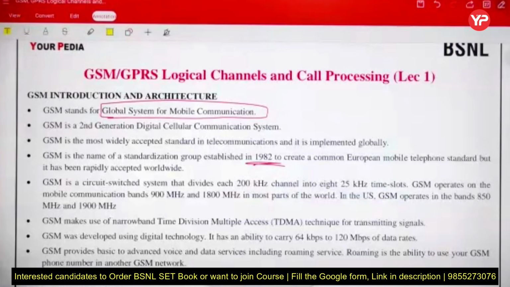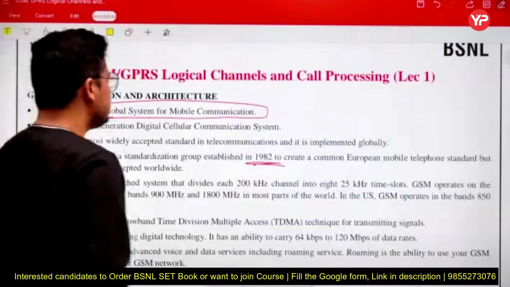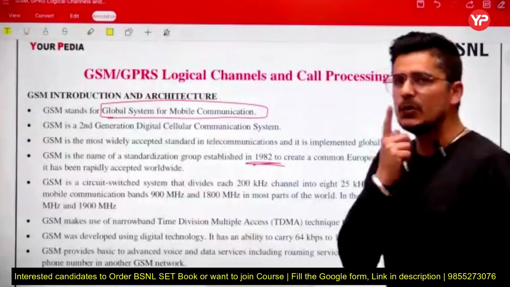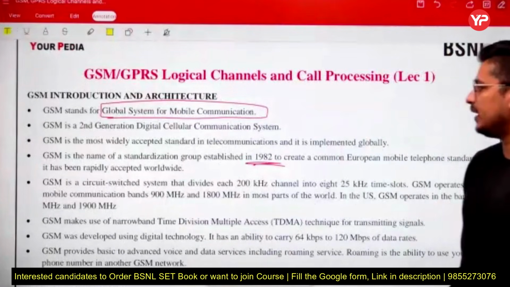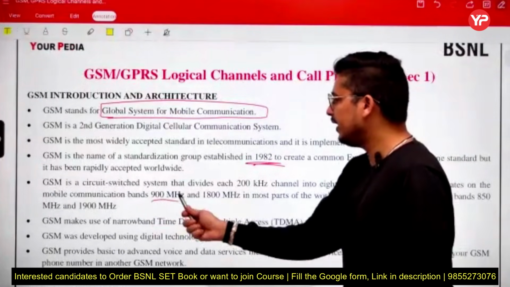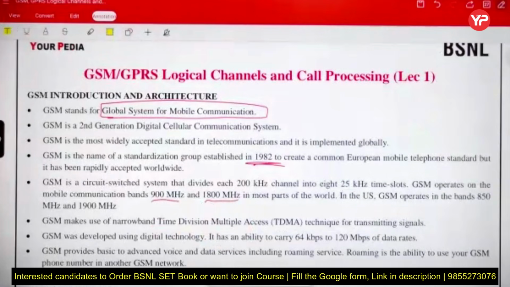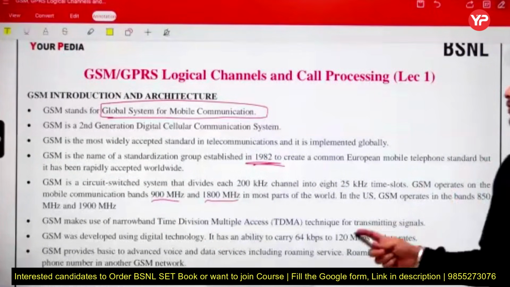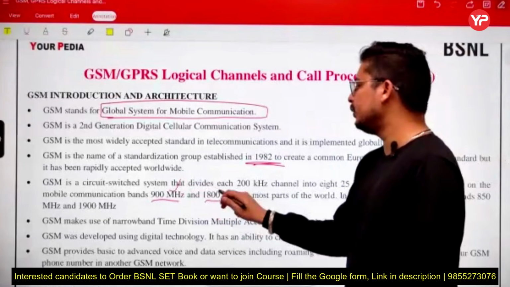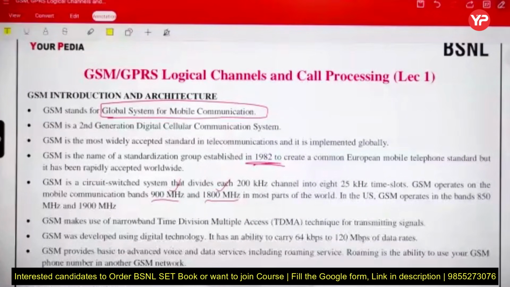What is happening in GSM? GSM operates in two bands. The first band is the 900 megahertz band, and the other is the 1800 megahertz band. India uses the 900 megahertz band, the USA uses the 1800 megahertz band.